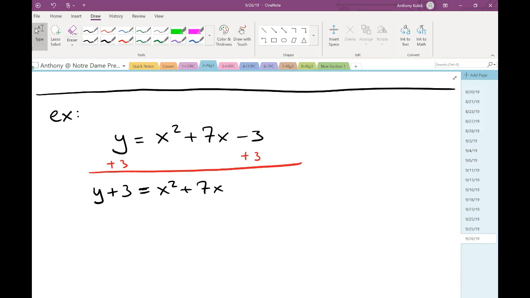Now I'm going to add (b over 2) squared to both sides.